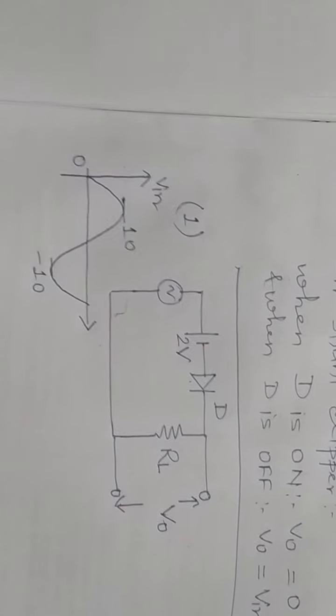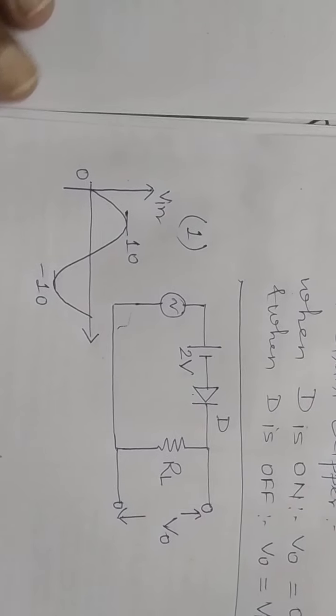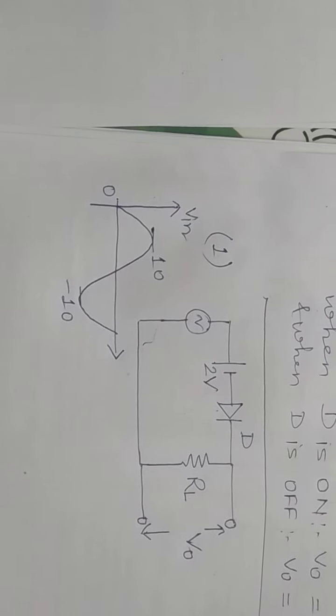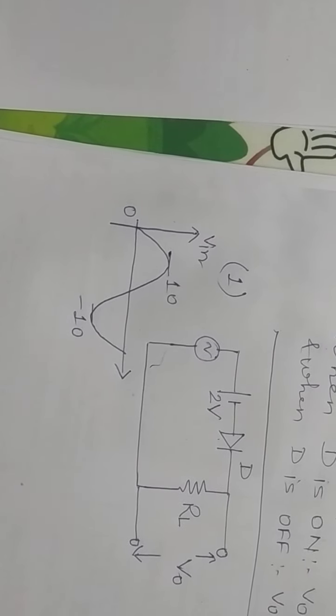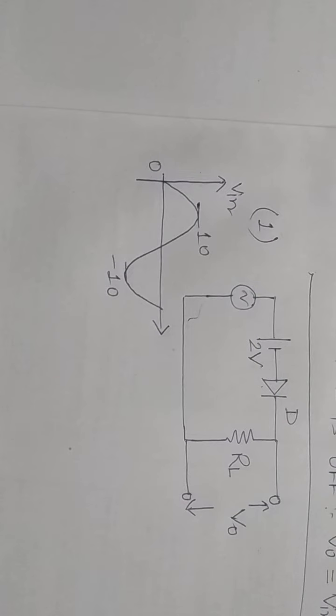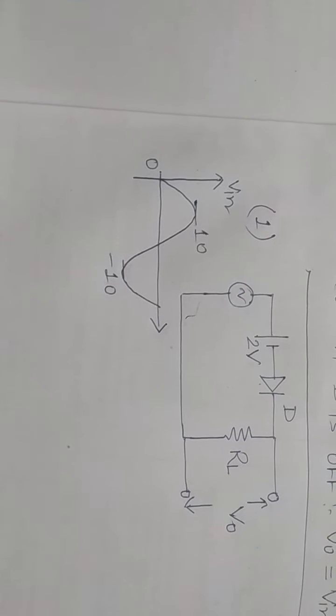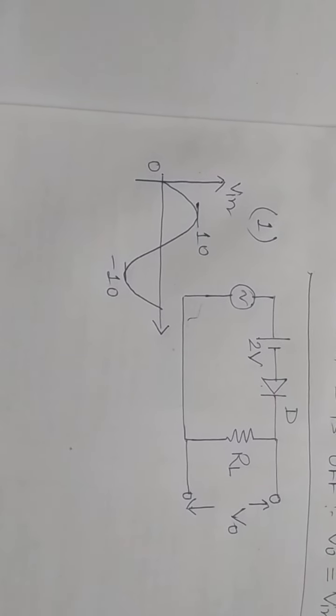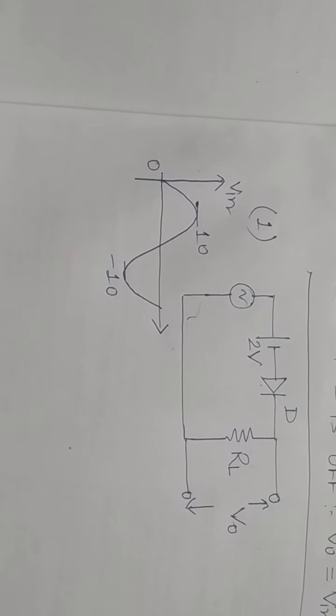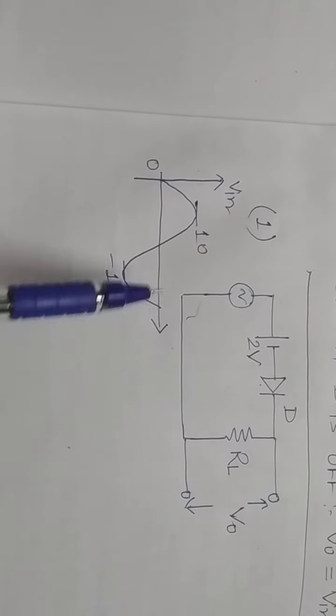The concept of drawing output waveform for any clipper circuit is very simple. As it is a series clipper, in case of series clipper circuit, when the diode is on, output will be equal to the net input value.